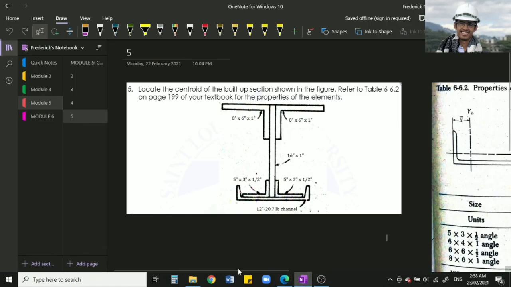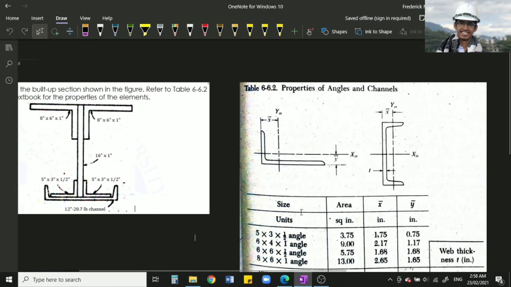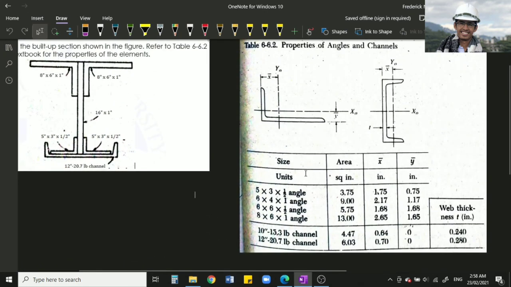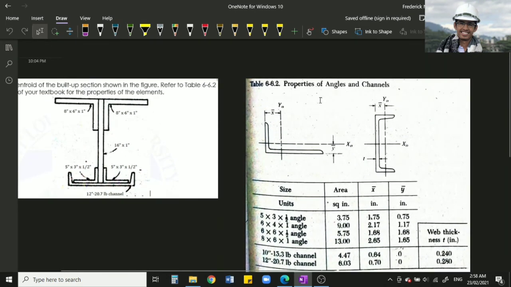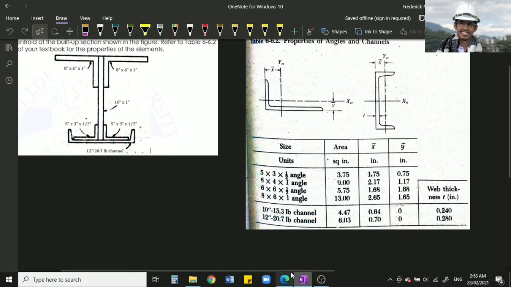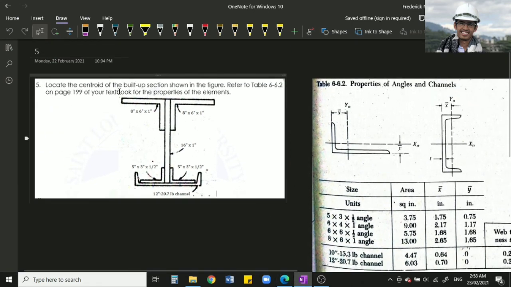Okay. So, this is our reference, no? Properties of angles and channels. So, locate the centroid. So, to locate the centroid, we will do the same thing again. Let's divide it into parts.